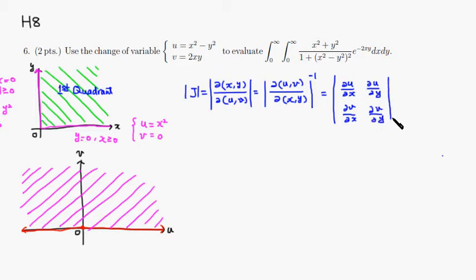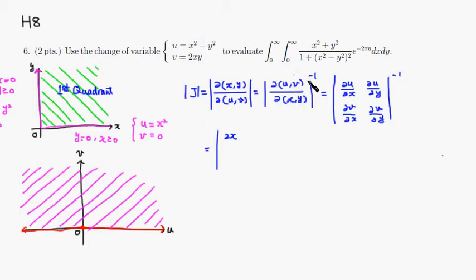Then we have to take the reciprocal of that. Partial of u with respect to x would be just 2x, and the derivative of negative y squared would be 0 because we're taking the partial with respect to x.